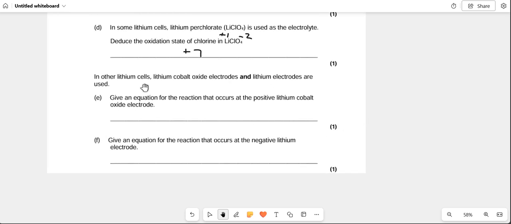Alright. In other lithium cells, lithium cobalt oxide electrodes and lithium electrodes are used. Give the equation for the reaction that occurs at the positive lithium cobalt oxide electrode.